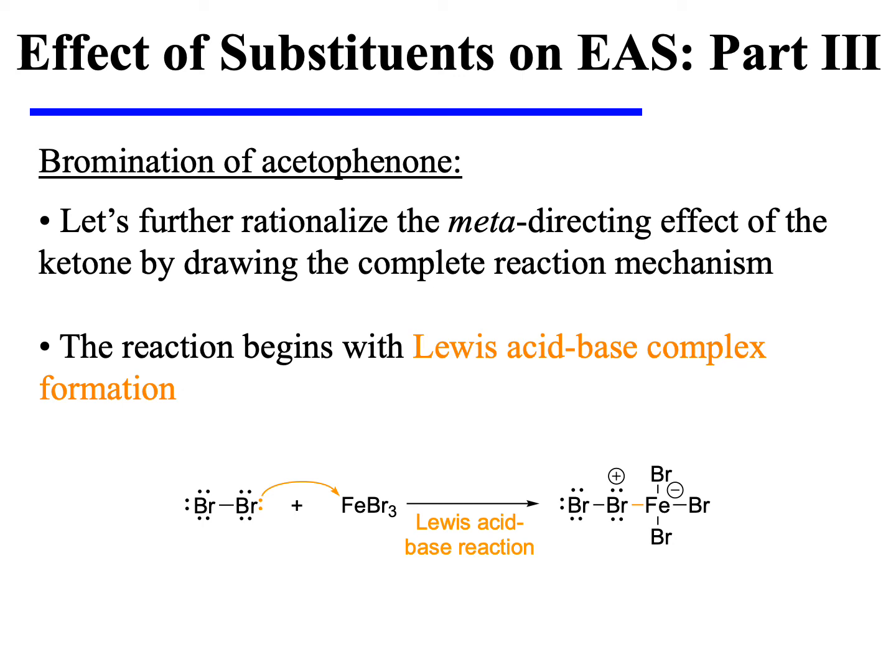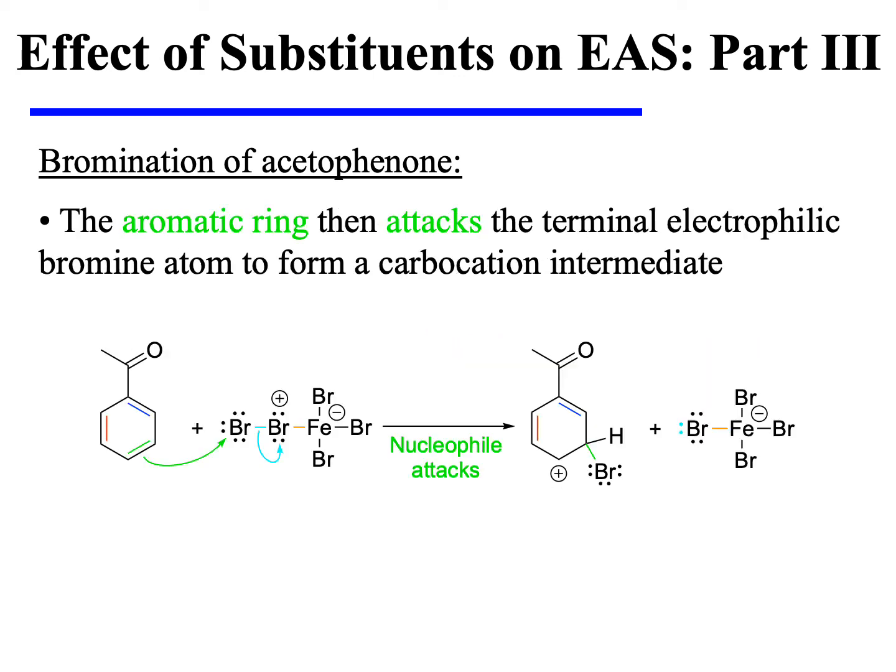Let's return to the bromination of acetophenone and further rationalize the meta-directing effect of the ketone by drawing the complete reaction mechanism, which begins with Lewis acid-base complex formation. The aromatic ring then attacks the terminal electrophilic bromine atom to form a carbocation intermediate, our sigma complex.